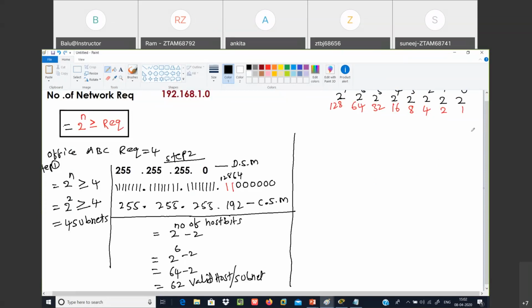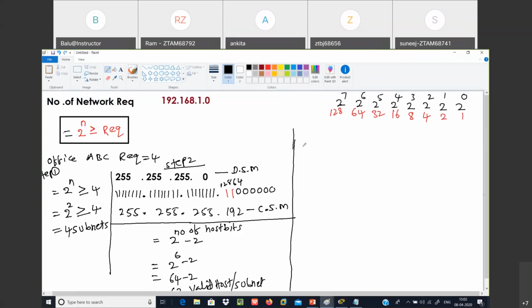Base example is 192.168.1.0. In our converted bits, which one is the least converted bit, 128 or 64?